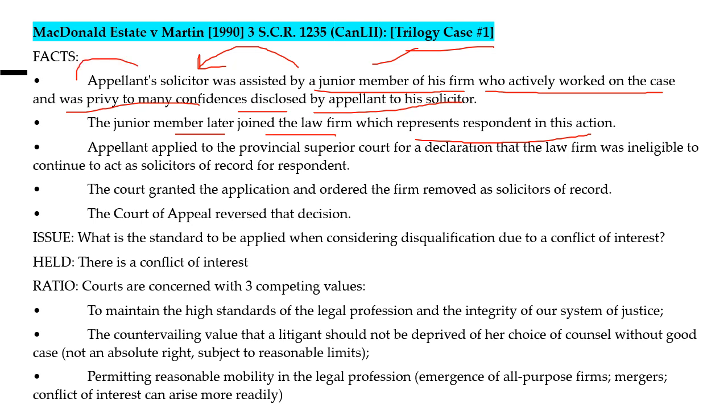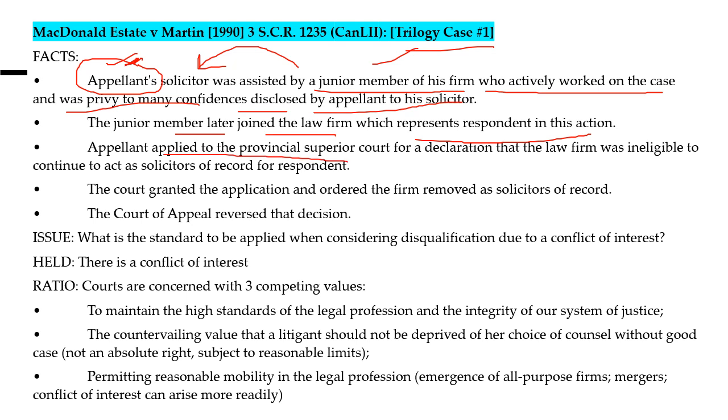The junior member who earlier worked with the solicitor for the appellant's case later joined another law firm where he represented the opposite party. So for the junior member, this person is a former client here.